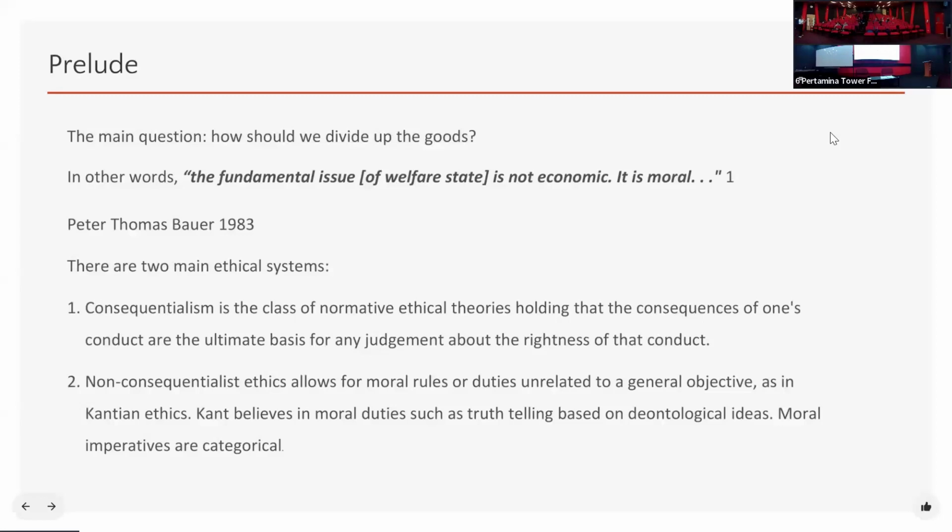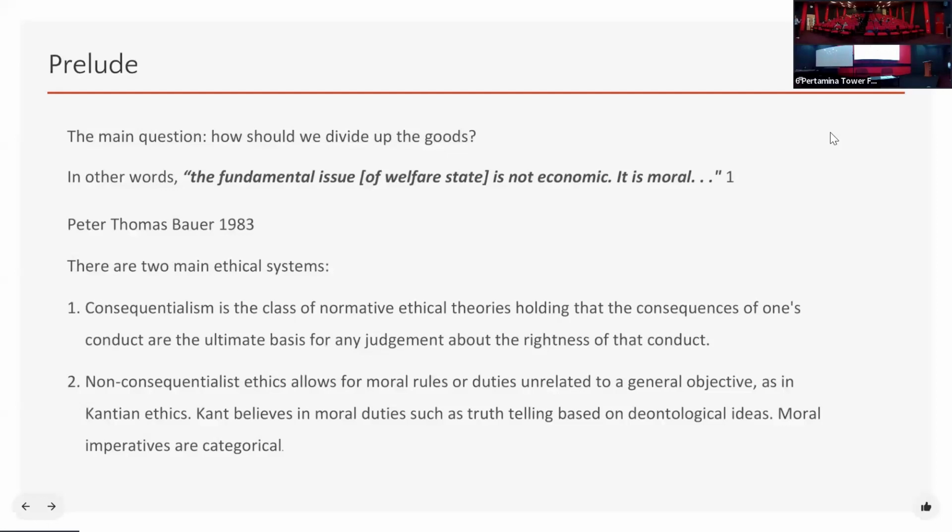Because remember, what's economics? In economics, we're dealing with scarce resources, okay? We want to divide all the resources amongst people, and we want to do it in the most efficient way, okay? So there are arguments of efficiency and there are arguments of equity.